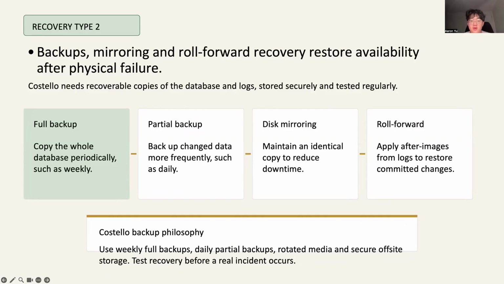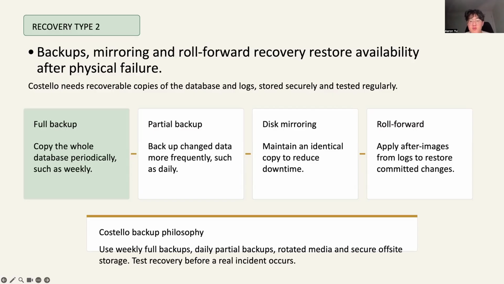For hardware or site failure, Costello needs a structured backup and recovery plan. A full backup should copy the whole database periodically, such as weekly. Incremental or partial backups should copy changed data more frequently, such as daily. Backups should also be stored securely off-site so the database can still be recovered if the main office system is damaged.